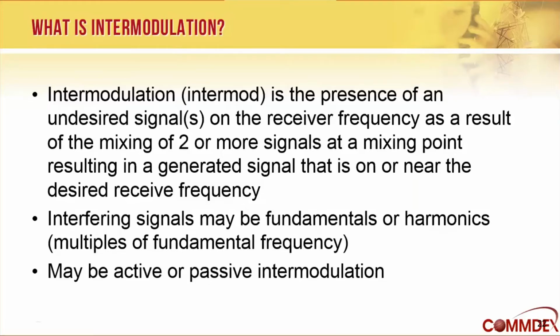And we can get those different counts of sums and differences, and as unlikely as that seems, it happens all the time. When you have a crowded site, you have all the possibilities for intermod to occur. And they could be active, occurring in an active device, or they could be passive, occurring at a passive place.